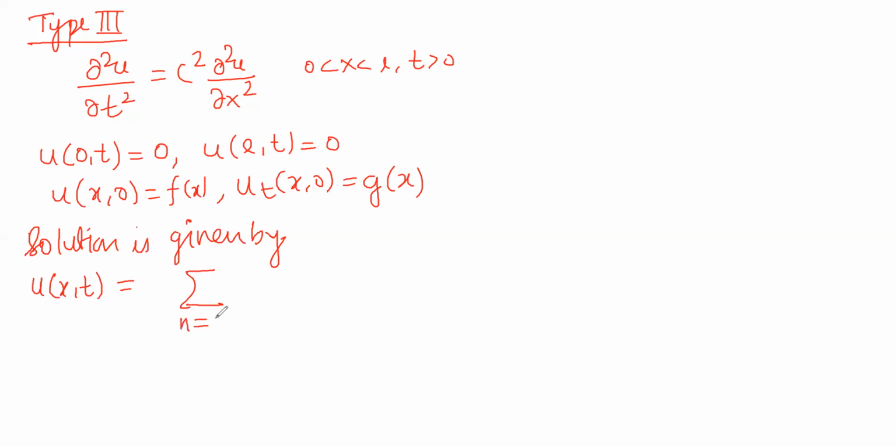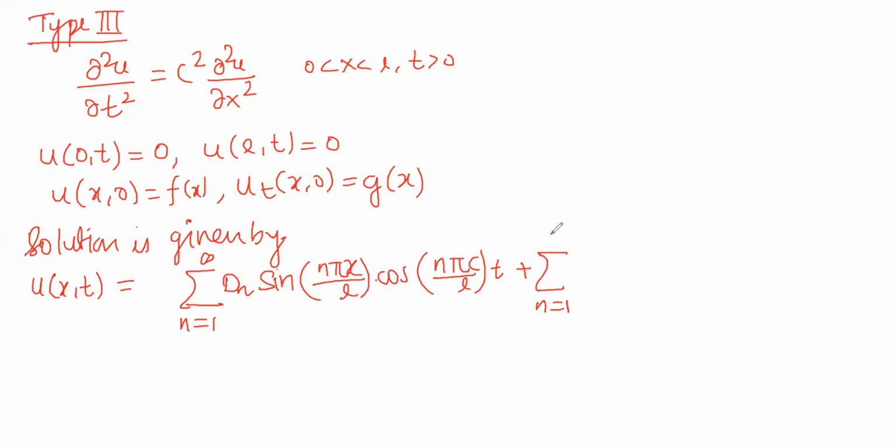First we had the summation n equal to 1 to infinity of d_n sin(nπx/L) into cos(nπct/L), and plus the summation of n equal to 1 to infinity, the solution that we obtained in type 2. It was sin(nπx/L) into sin(nπct/L).